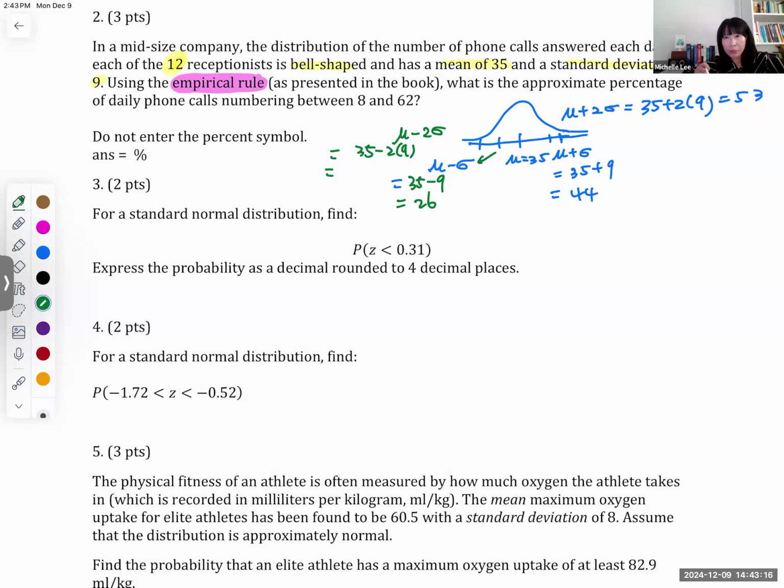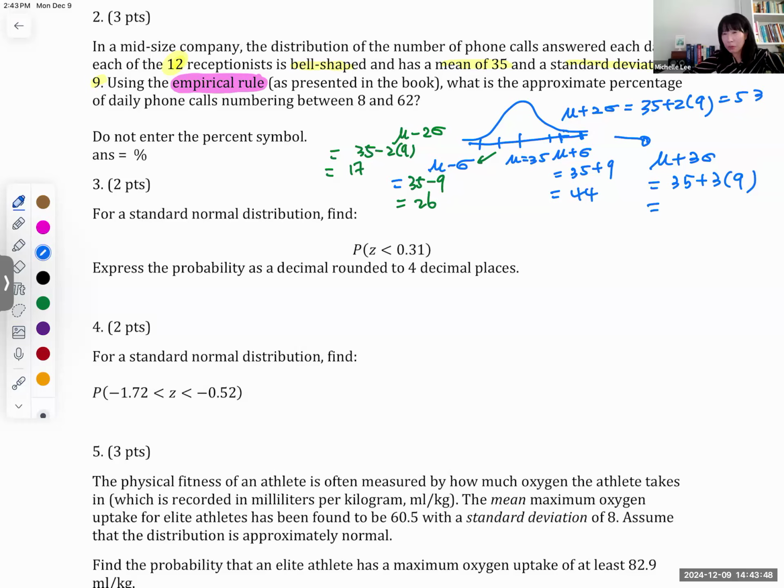So what do you get? 17. Good job. We still don't get 8 and 62, but it's almost there, right? Let's do one more time. So we have mu plus 3 times sigma. So 35 plus 3 times 9.